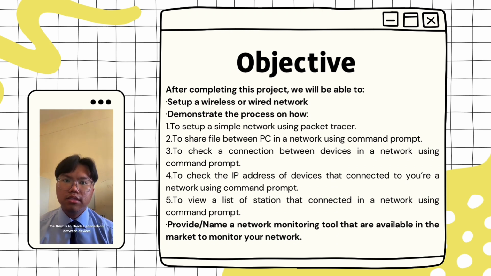The third is to check a connection between devices in a network using command prompt. The fourth is to check the IP address of devices connected to your network using command prompt. And lastly, to view a list of stations connected in the network using command prompt.